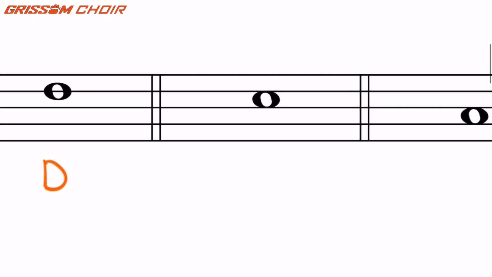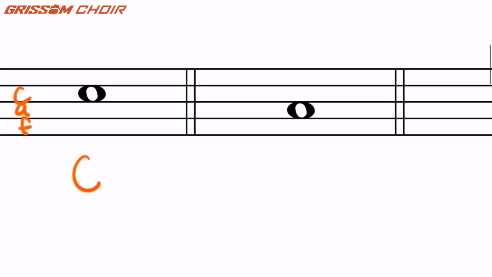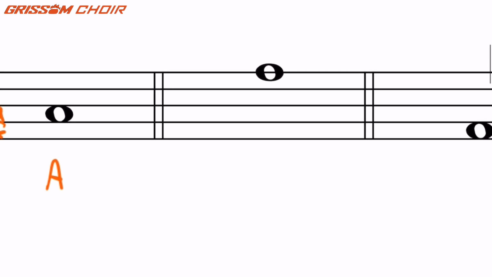Going on to our spaces. The spaces are F-A-C-E. F-A-C. That note is C. F-A. That note is A. The top line, every good boy does fine.